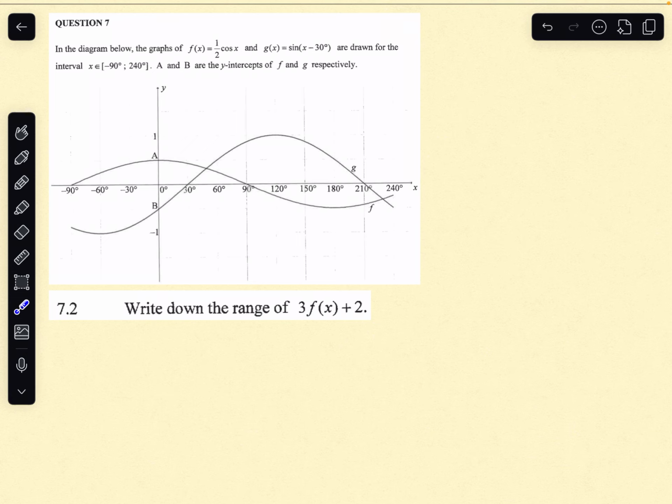So currently the current range, or let's rather say range of f of x is from negative a half to positive a half.